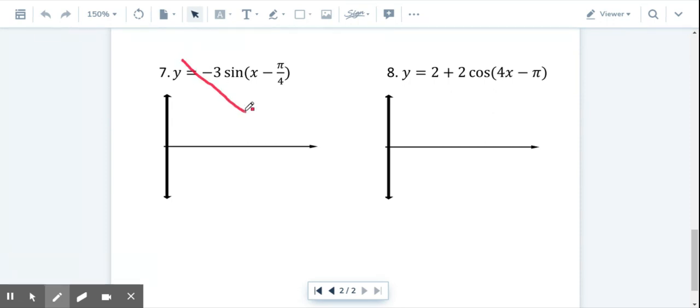So for sake of time on this video, I'm going to skip number 7 for now. And I'm going to do number 8. So number 8 has not only a vertical shift, but also a horizontal shift. So our first step, we list out the info. So A is 2, period is 2 pi over 4, which equals pi over 2.